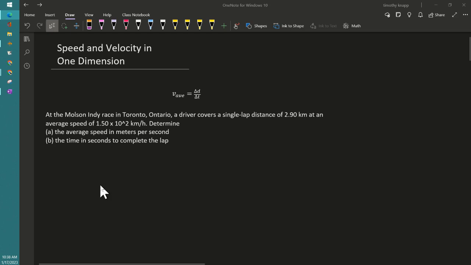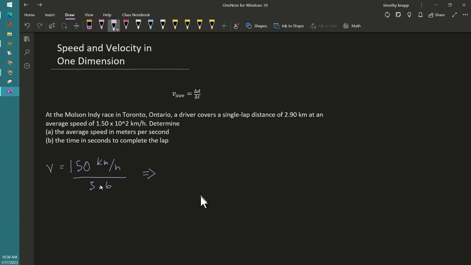So I'm going to take my 150 kilometers per hour, which is my speed, and divide it by 3.6. That has to do with the fact that there are 1,000 meters in a kilometer, I said 100, I meant 1,000, and there are 3,600 seconds in an hour.